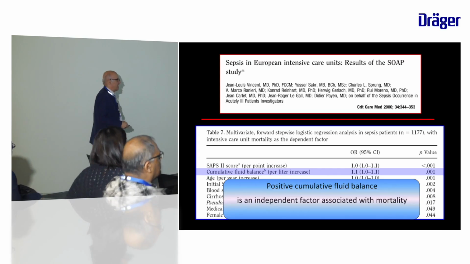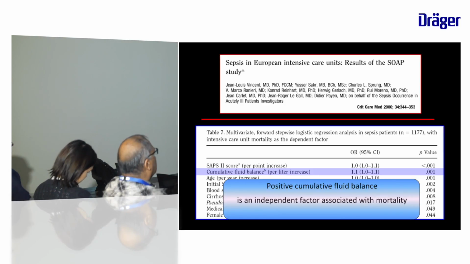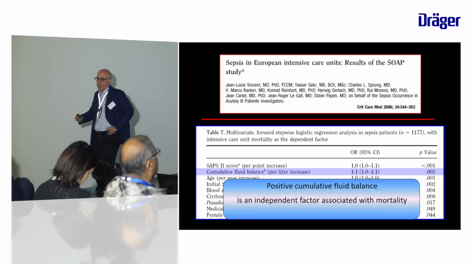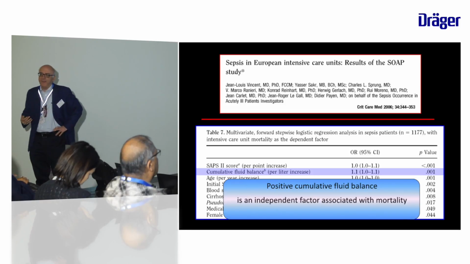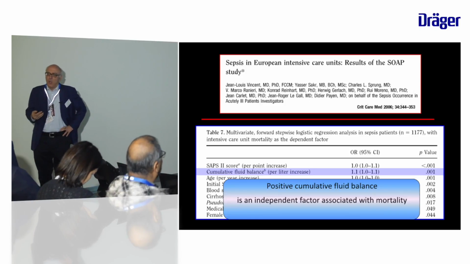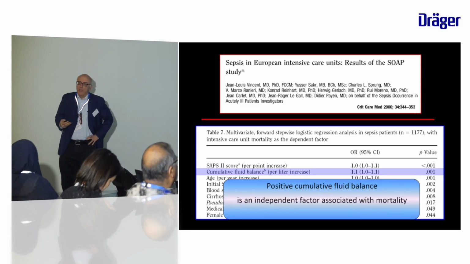But we have several studies, and this is one of them, showing that the cumulative fluid balance is an independent factor associated with mortality. And there are many studies. So the more fluids we give without any need or requirement, the more it seems to be associated with worse outcome.